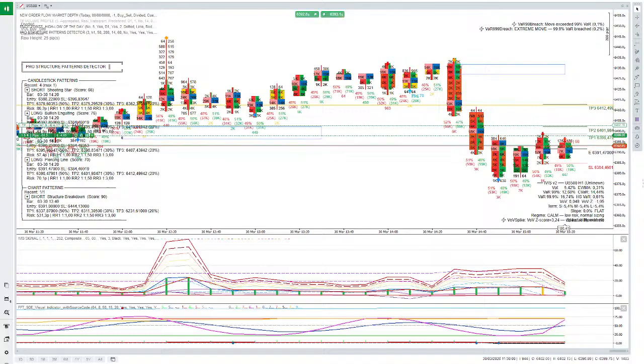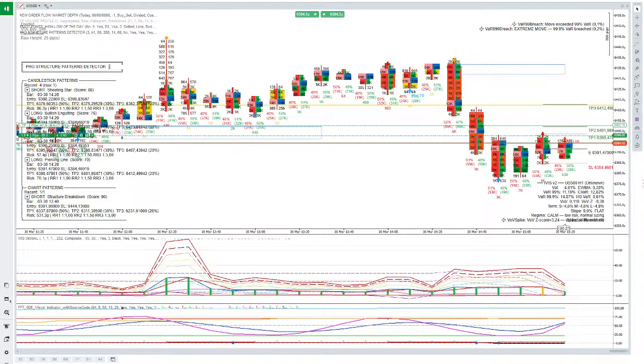We are balancing at, say, 63.90. It's balancing the support level of buyers, 63.90, 63.91, somewhere around those levels.